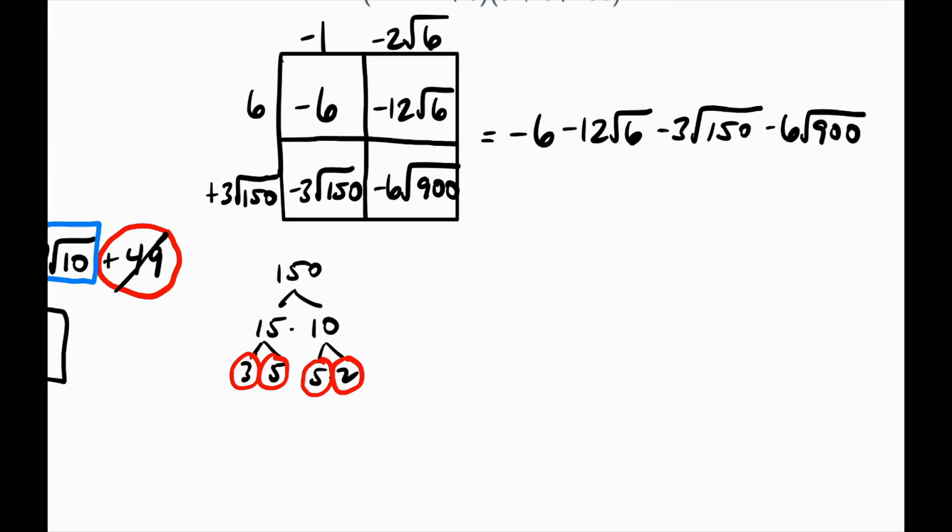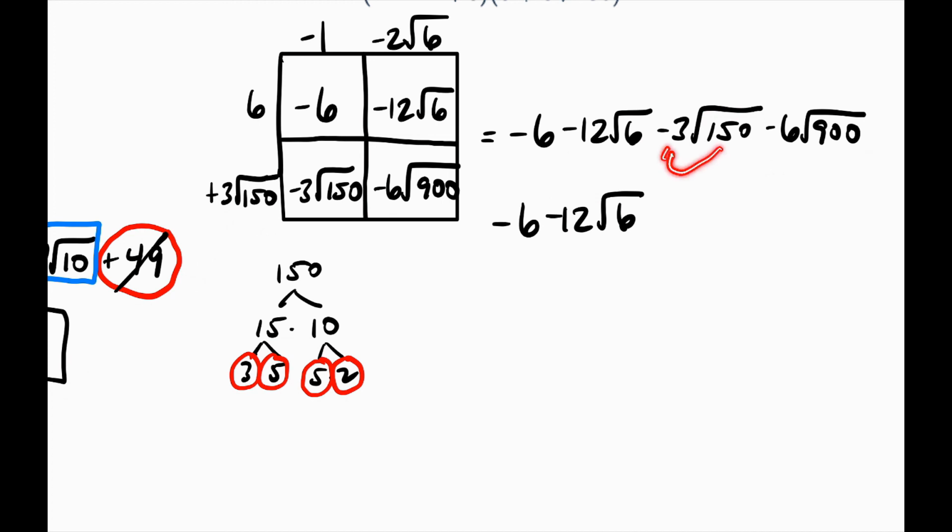So 150, so let me rewrite this. Negative 6 minus 12 square root of 6. So what is going to come out of the 150? It has which pair? Yes, it does, right here, right? So what's going to come out?